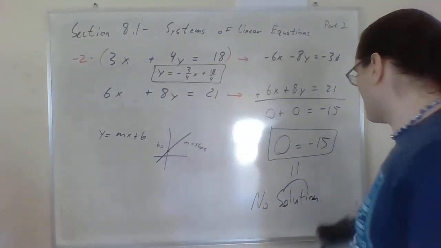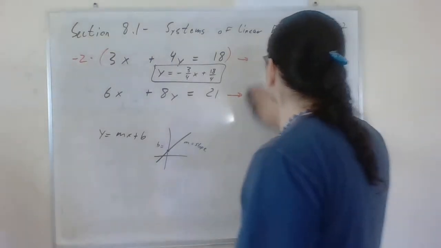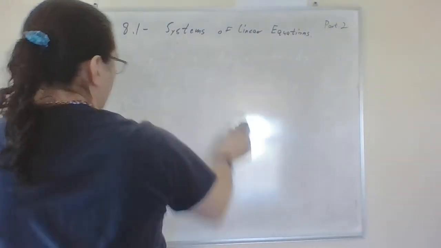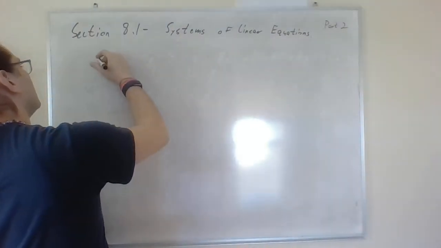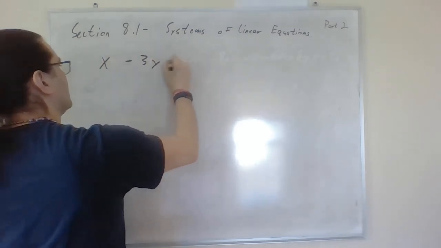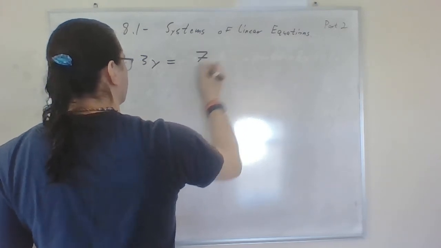There's just one more example that I need to talk about. And for this, let's do x minus 3y equals 7.